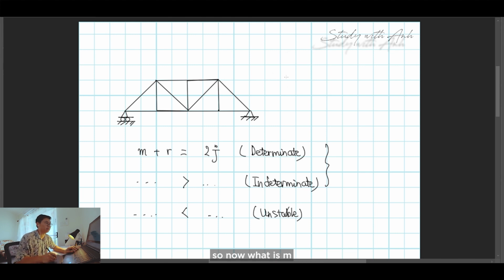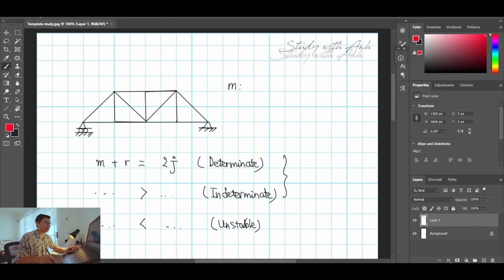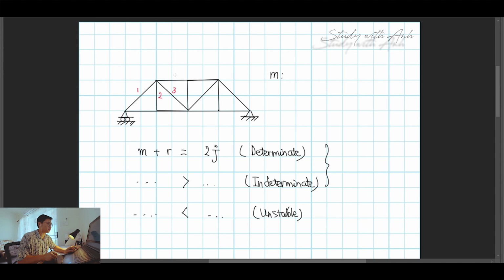So it can be a determinate truss but unstable, or an indeterminate truss that is unstable. So what is M? M is the number of members. How many members do we have here? 1, 2, 3, 4, 5, 6, 7, 8, 9, 10, 11, 12, and then 13. 13 members. What is R? R is the number of reactions in here. We have 1 because of the roller support, and at the hinge support we have 2.